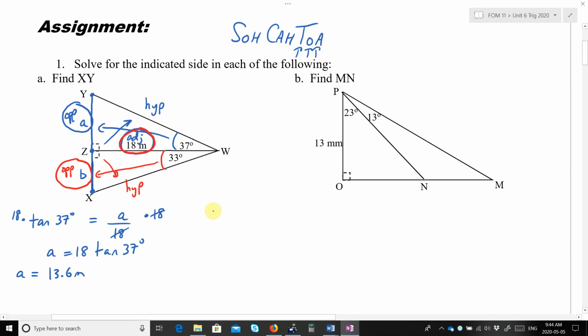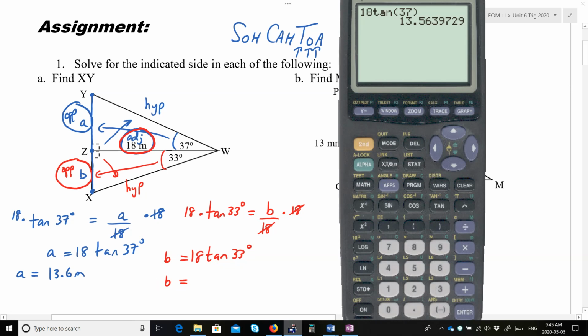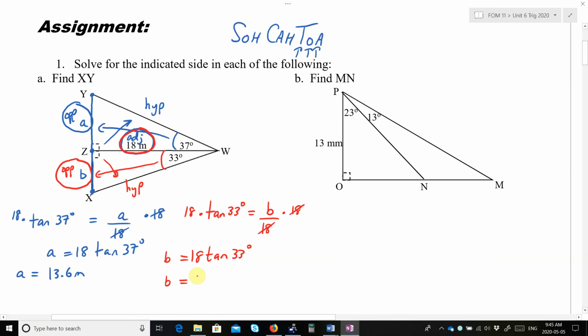Opposite and adjacent comes from tan. So tan of 33 degrees is equal to B over 18, the opposite is B, the adjacent is 18. And again, multiply both sides by 18, and we will get that B is equal to 18 times tan 33 degrees. 18 times tan 33 is 11.7.